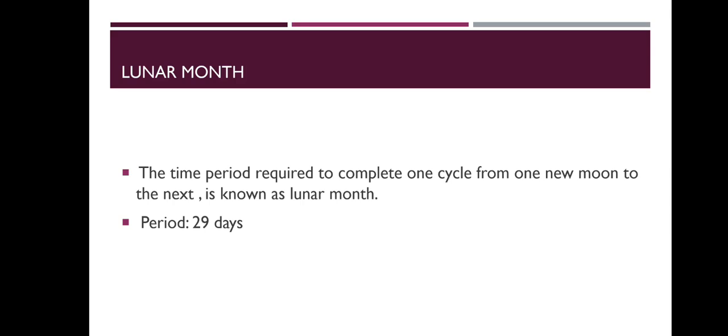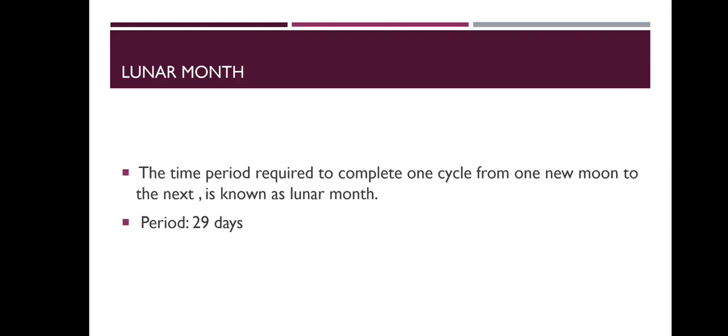Now we are going to study lunar month. You know that the moon revolves around the earth. One revolution around the earth completes in a time period. That period of time is known as lunar month.